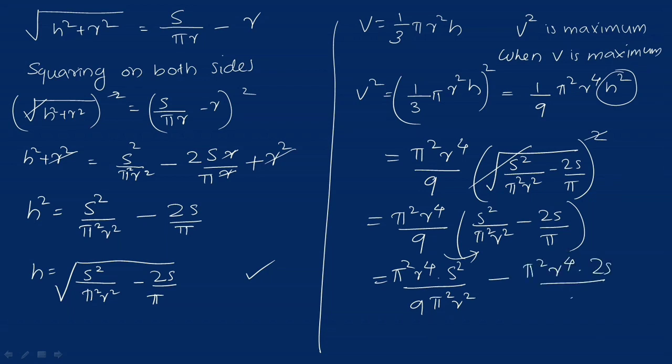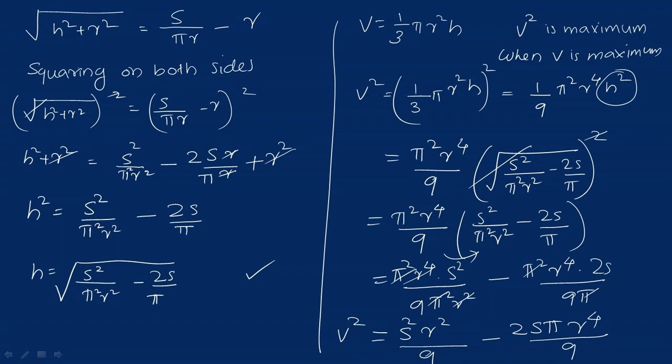Now opening the bracket, cancelling the terms, we have the remaining S square r square by 9 minus 2 pi S r raised to 4 by 9. So that is V square.